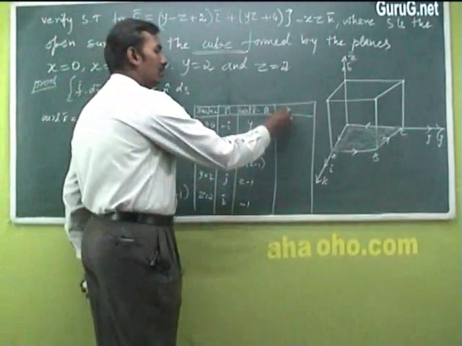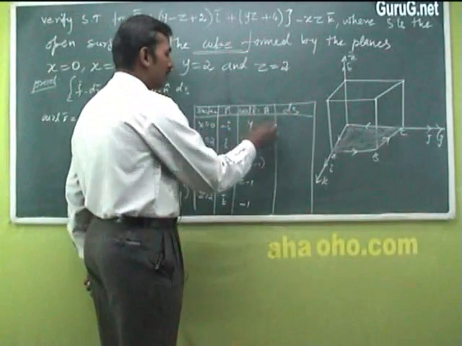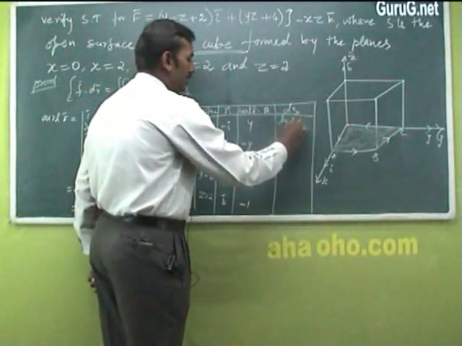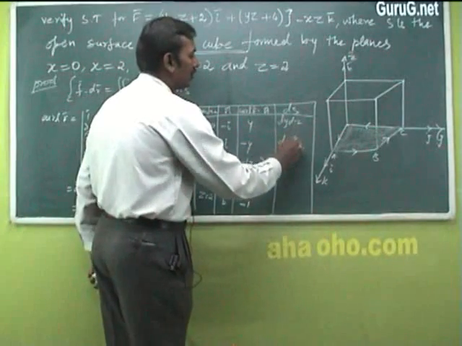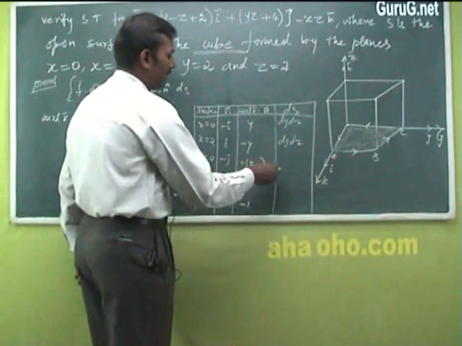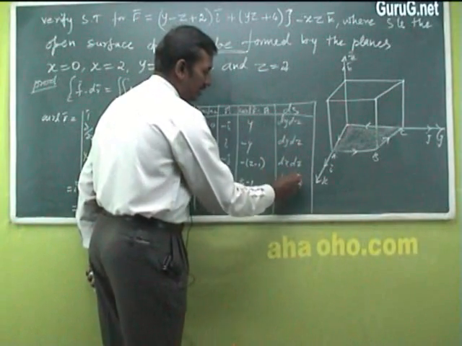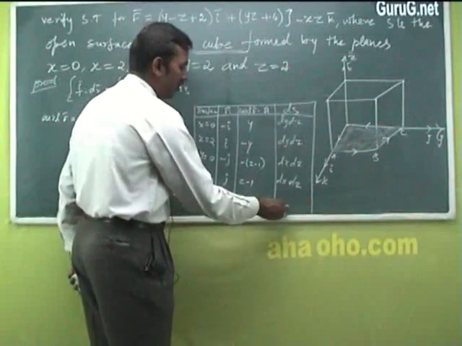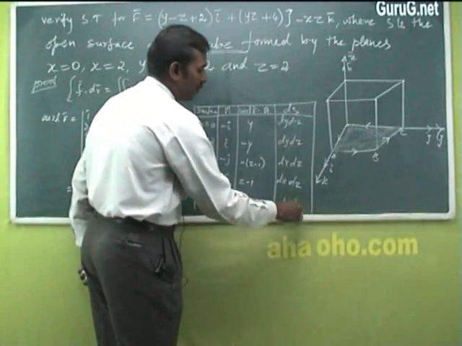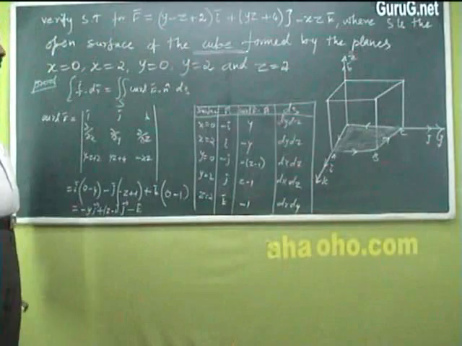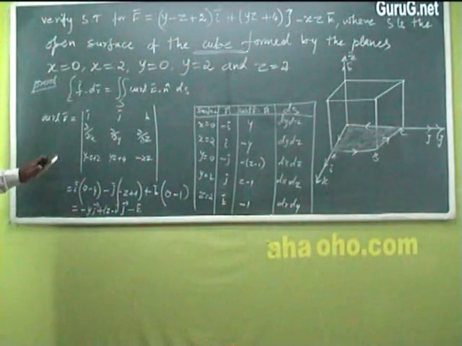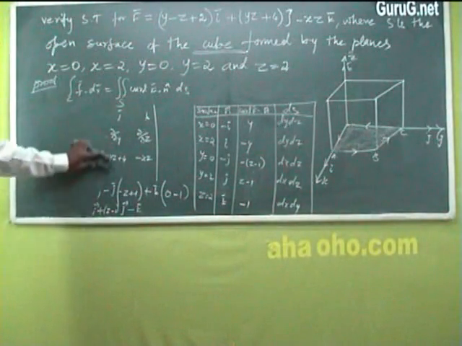So ds, this is a yz plane, so dy dz; now this is an xz plane, so dx dz; and this one is an xy plane, dx dy, right?